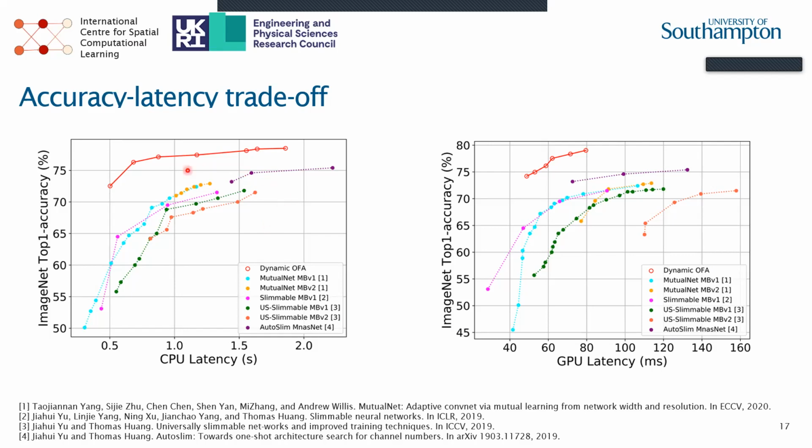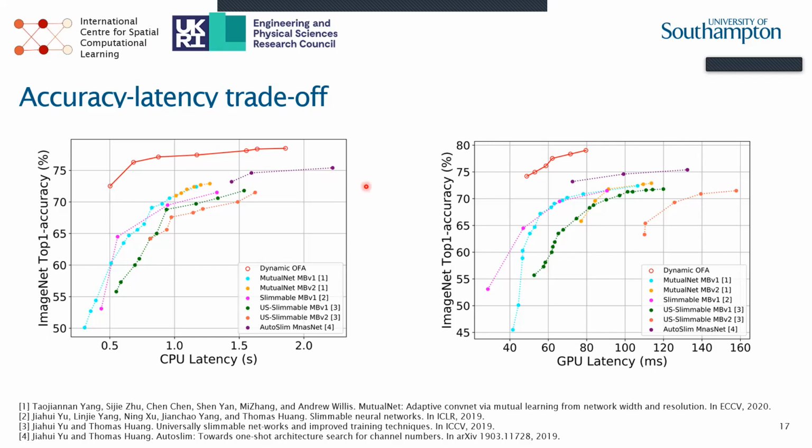So what we want to say here is this training process is unnecessary for state-of-the-art models like OFA, because it already has subnetworks. So the problem becomes not how we generate subnetworks, but how we sample subnetworks.